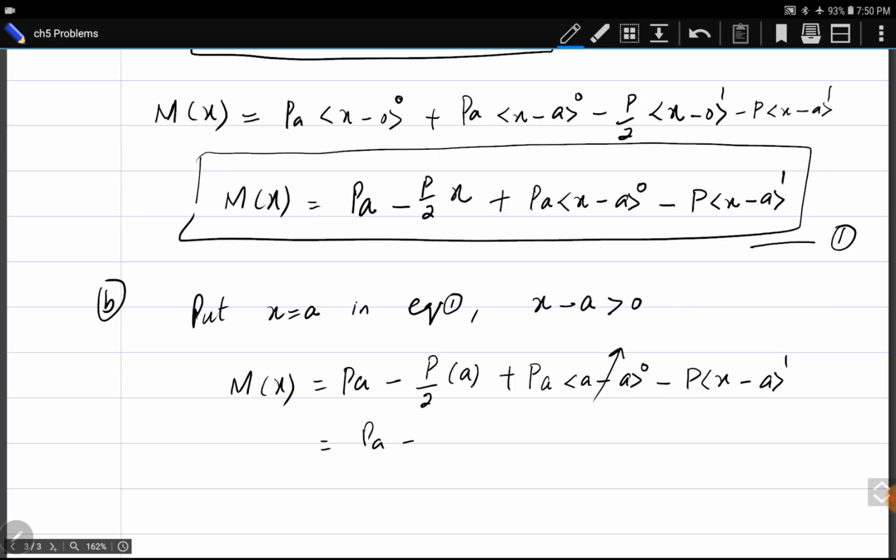So Pa minus P by 2a plus Pa into 1 minus P into a minus a power 1. A minus a is almost equal to 0. It is not exactly 0, but almost equal to 0, slightly greater than 0. We will consider it as 0. So 0 power 1 is 0.